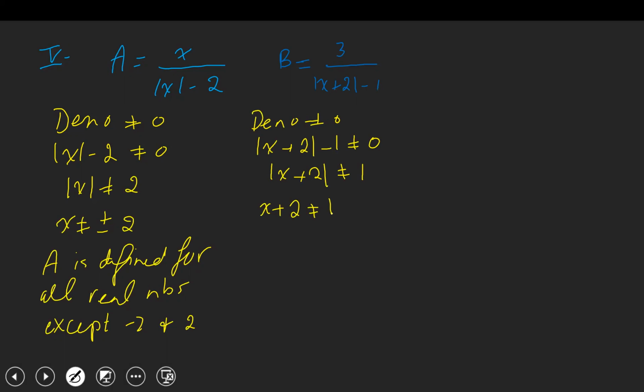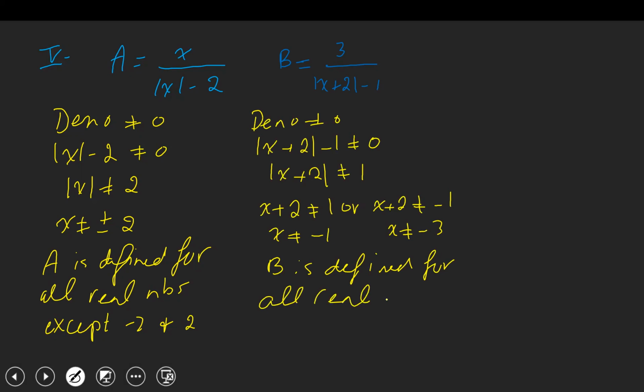We have to take 2 cases, right? Or x plus 2 different from minus 1. Here, x different from 1 minus 2, which is minus 1, or x different from minus 1 minus 2, which is minus 3. We say B is defined for all real numbers except minus 1 and minus 3, or minus 3 and minus 1.